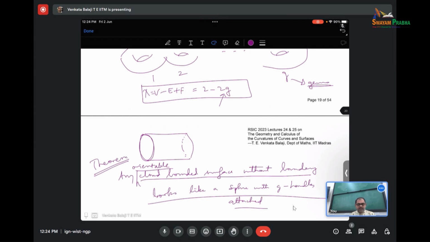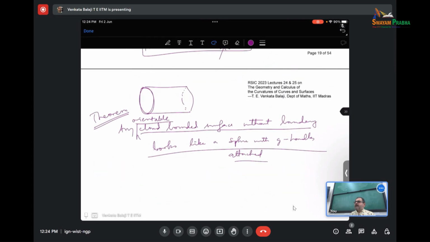So basically, you take any orientable closed bounded surface without boundary. Think of the boundary as an edge, basically. If you take a cylinder, then there are edge circles.